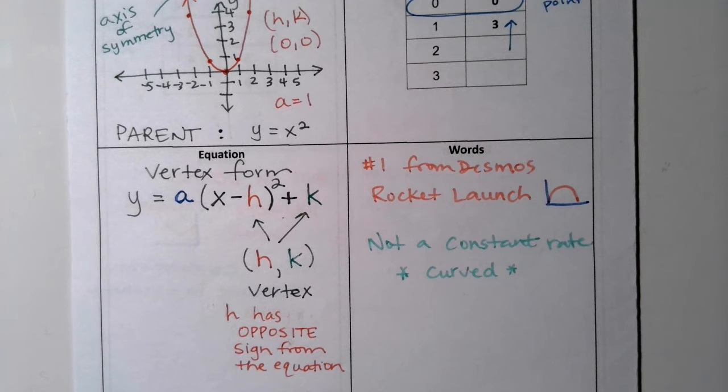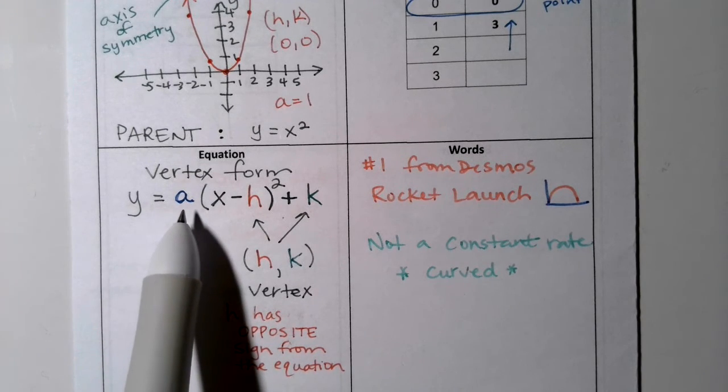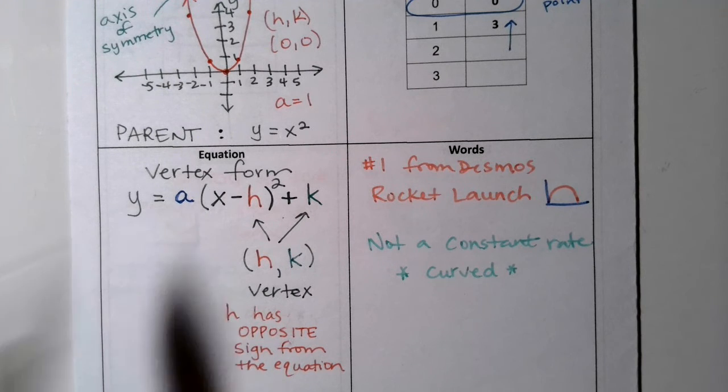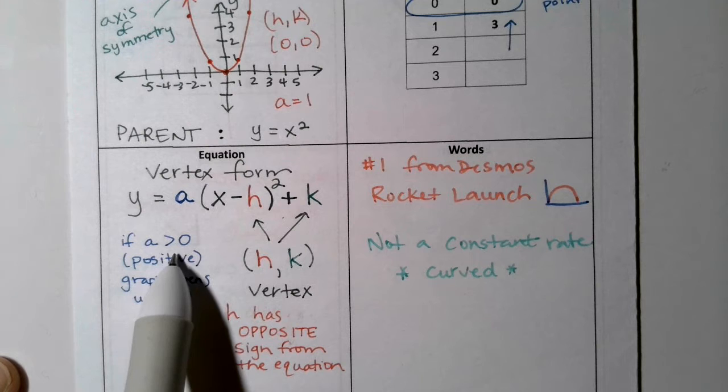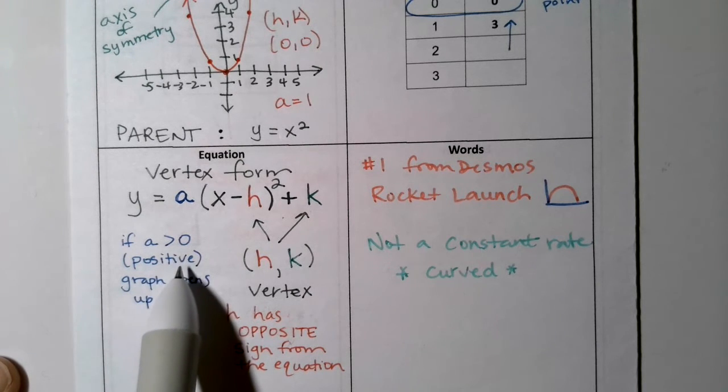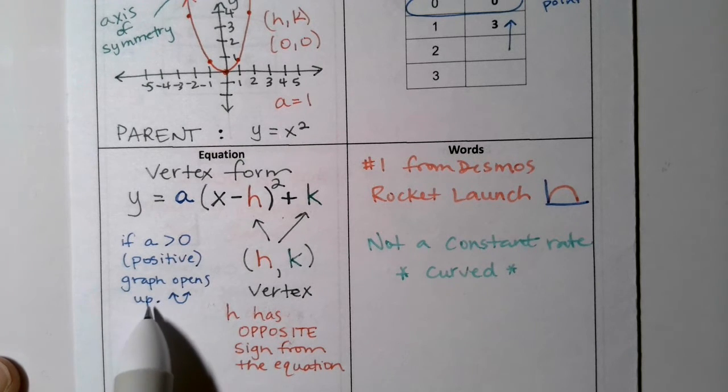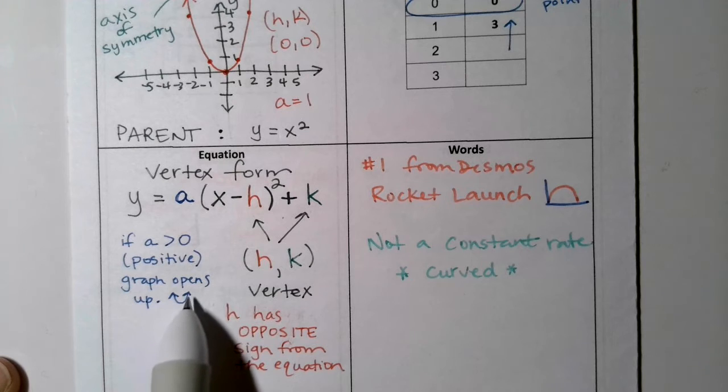And a affects whether our parabola opens up or down. If a is greater than 0, that means a is positive. The graph opens up, so it's a smiley face.